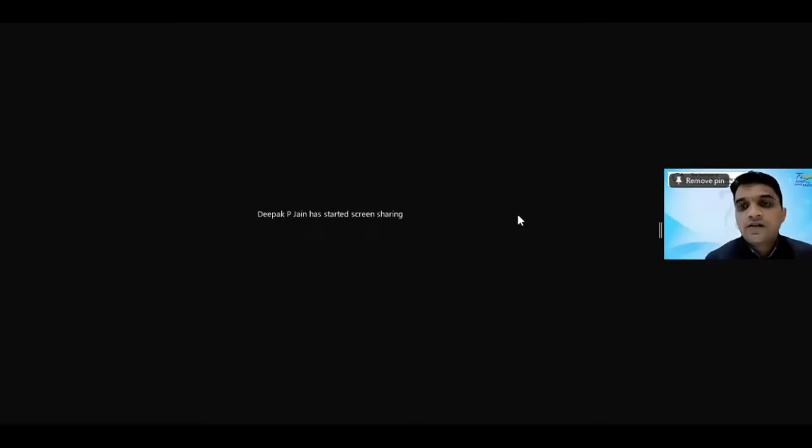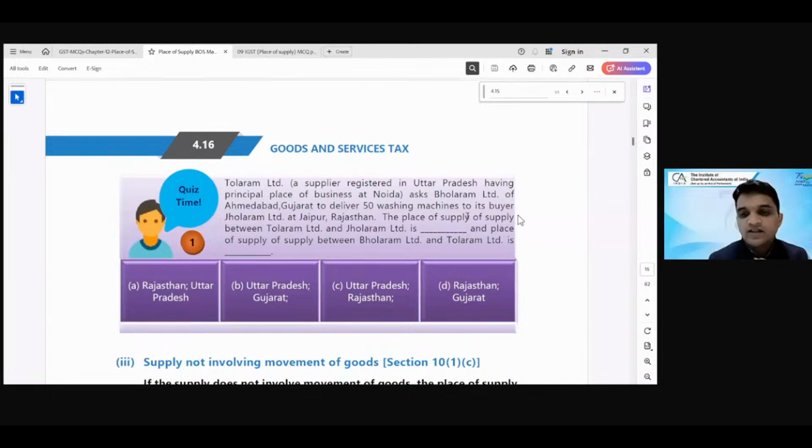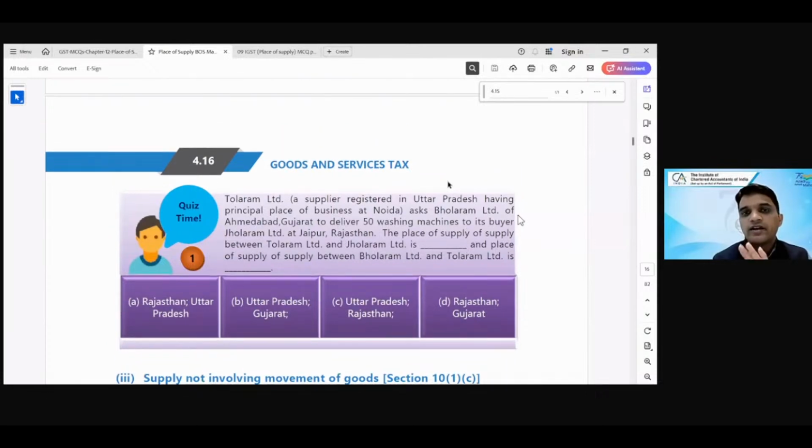Let's deal with this together. Don't get carried away with the question. The question is very simple if your concepts are clear. Like in bill to ship to, we mention the person's name, the state, and how the flow is happening. So you have to understand the question first.